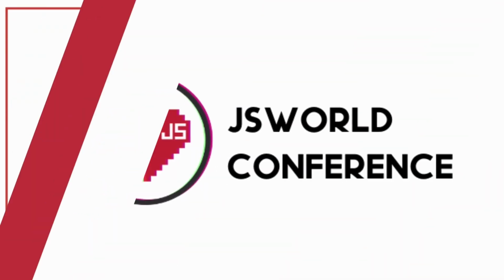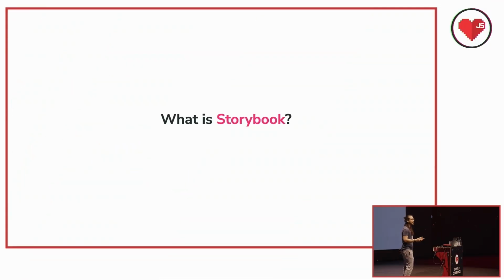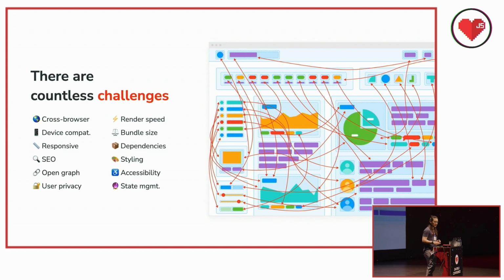So I just want to introduce, first of all, what's Storybook for the ones who don't know about it. I think pretty much all of us, if not most of us, are working with UI. So when building UI, nowadays, it's such a complex thing, right? Before, we just put lots of tables on HTML and the problem was gone.